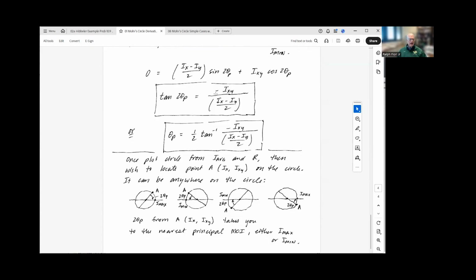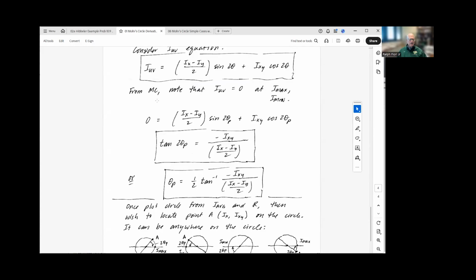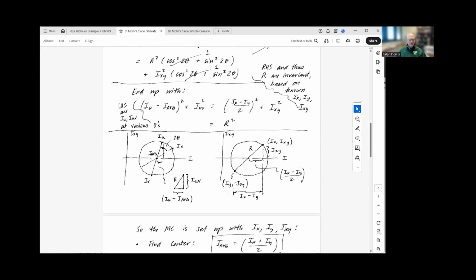So this turns out to be a negative. We derived this equation from setting that IUV equation equal to 0. But you can also get the same equation from understanding Mohr circle.